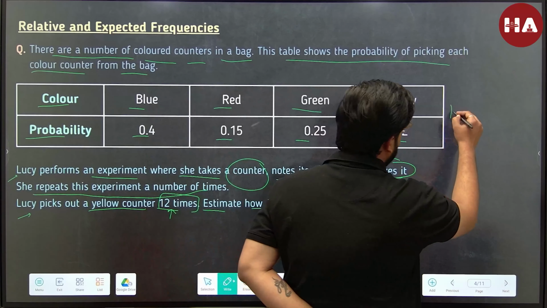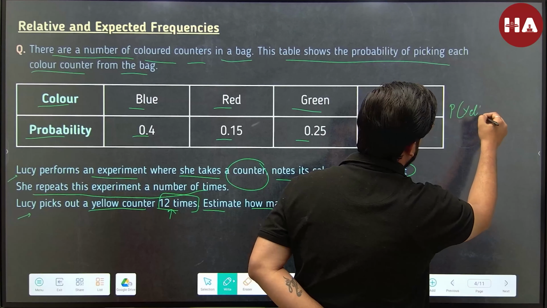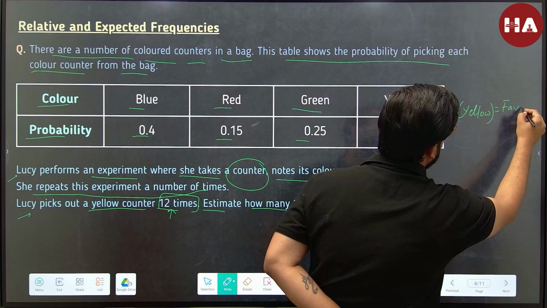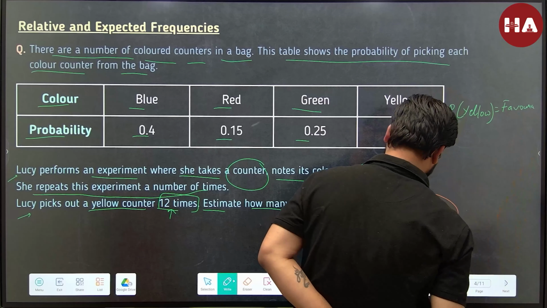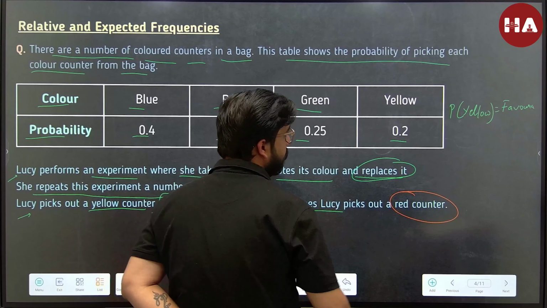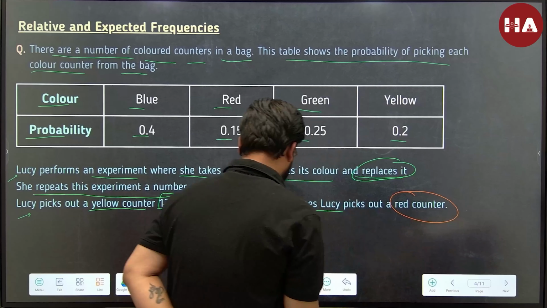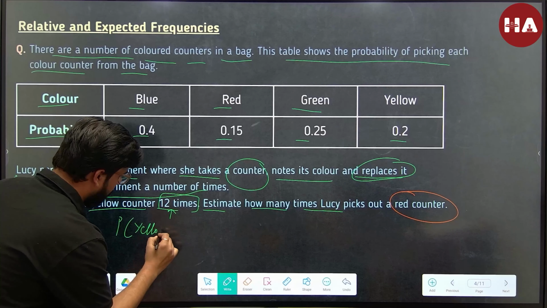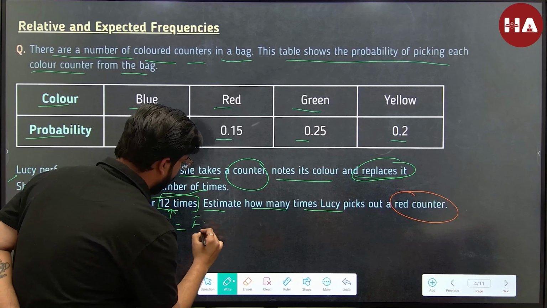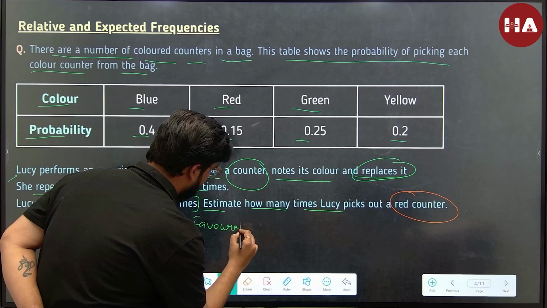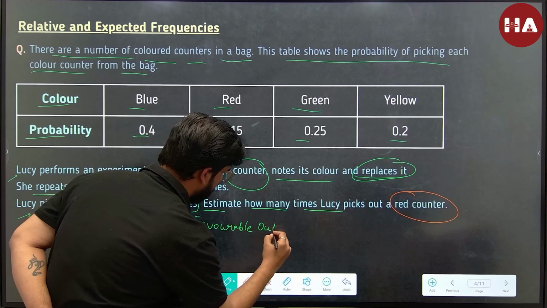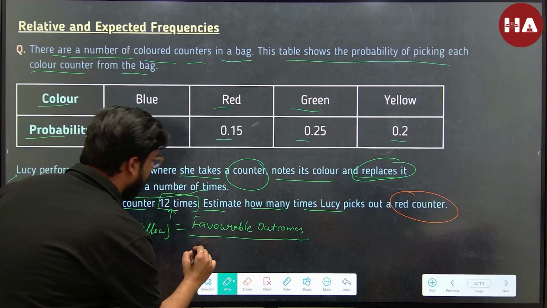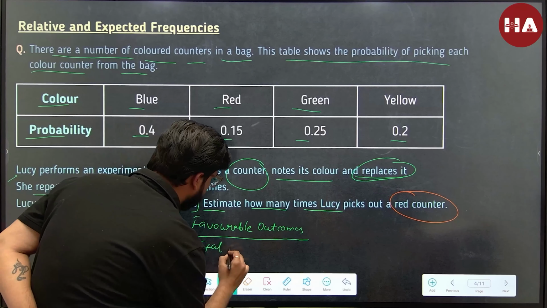So P, the probability of getting yellow, will be equal to favorable outcomes over the total number of trials. You can write it over here, students.